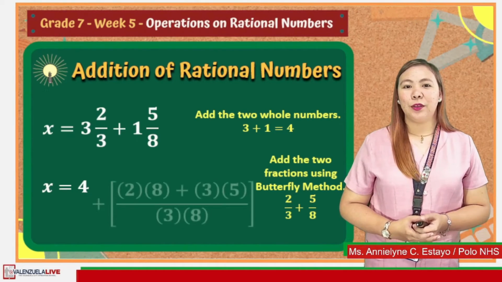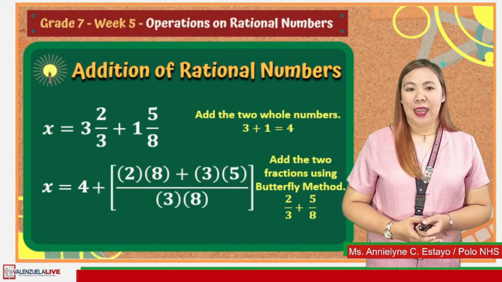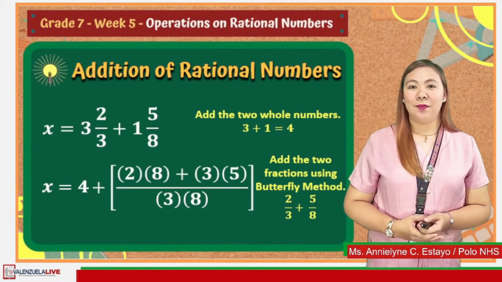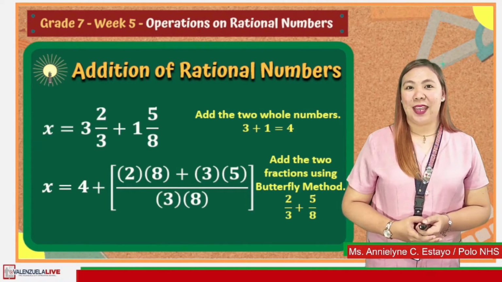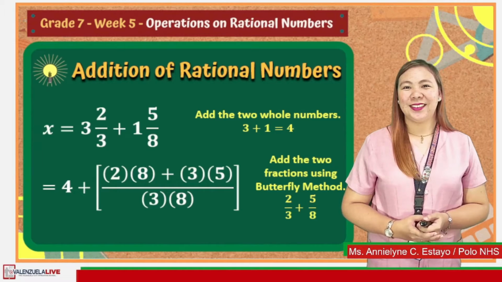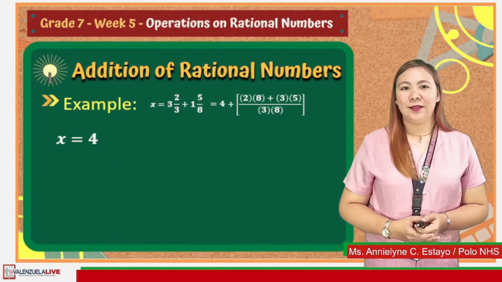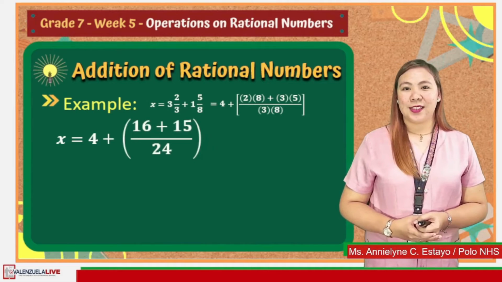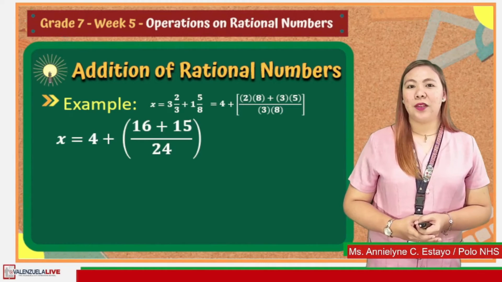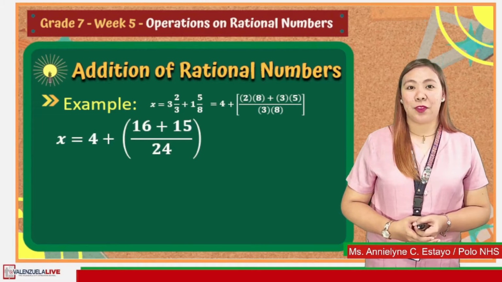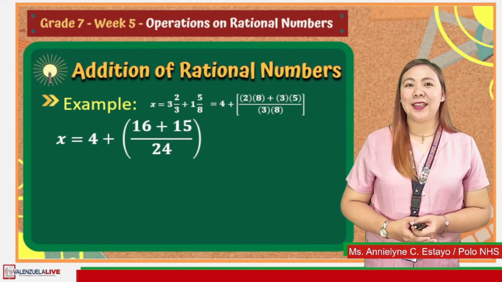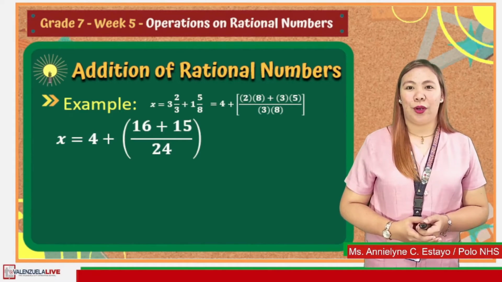It will result to 2 times 8 plus 3 times 5 all over 3 times 8. The product of 2 and 8 is 16, plus the product of 3 and 5, which is 15, all over 3 times 8, which is 24.